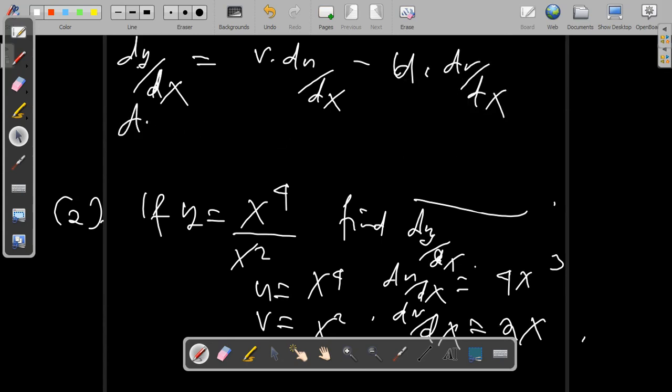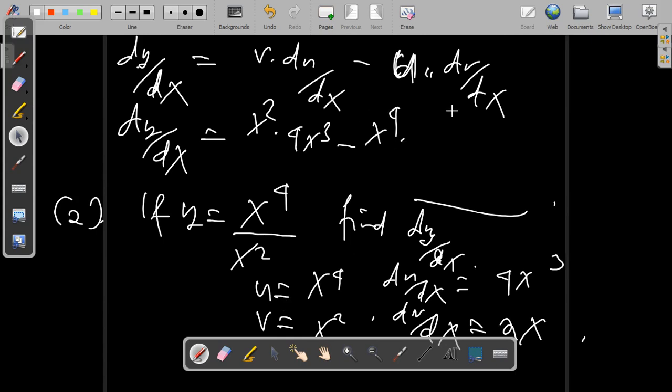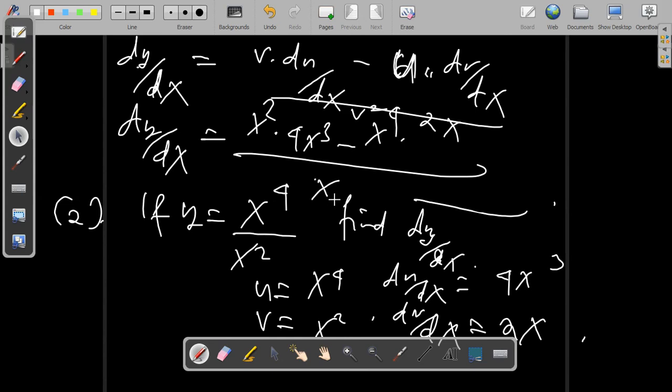The answer will be dy over dx is equal to v, which is x squared, times du over dx, that is 4x cubed, minus u, which is x raised to power 4, times dv over dx. The derivative of v with respect to x is 2x, then divide by v squared. You must not forget the v squared. Now our v squared is x raised to power 4.